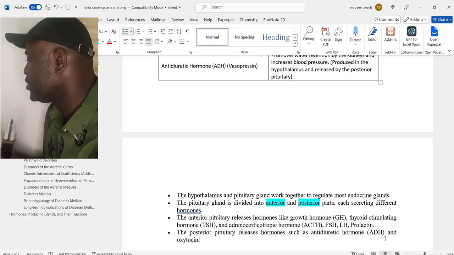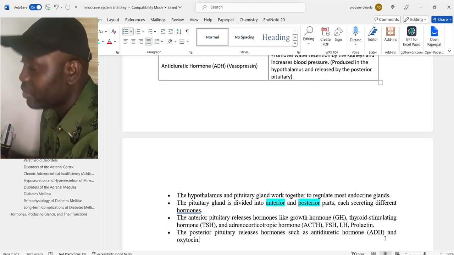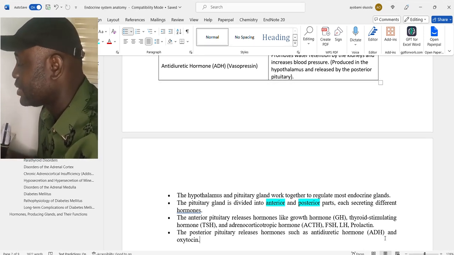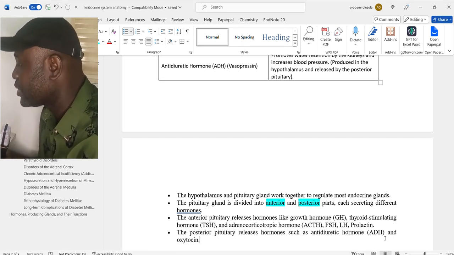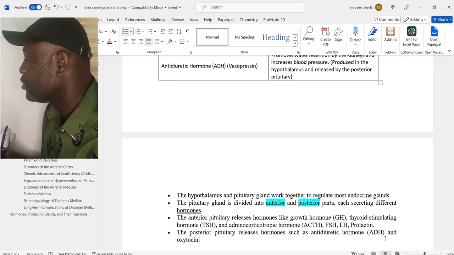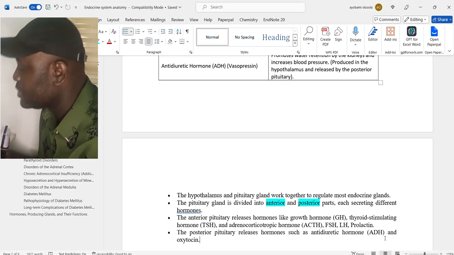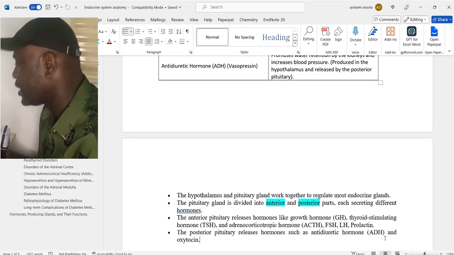The anterior pituitary releases hormones like growth hormone, thyroid stimulating hormone TSH, adrenocorticotropic hormone ACTH, follicle stimulating hormone FSH, luteinizing hormone LH, and prolactin.